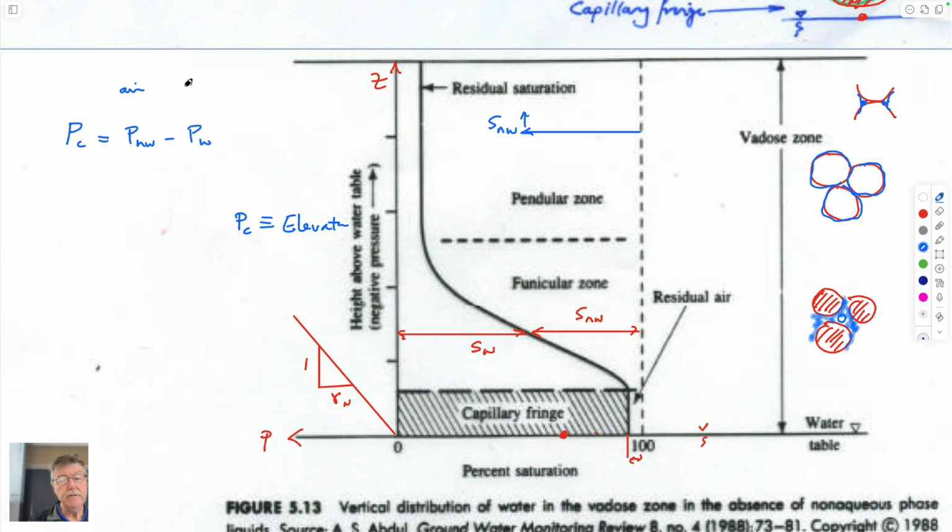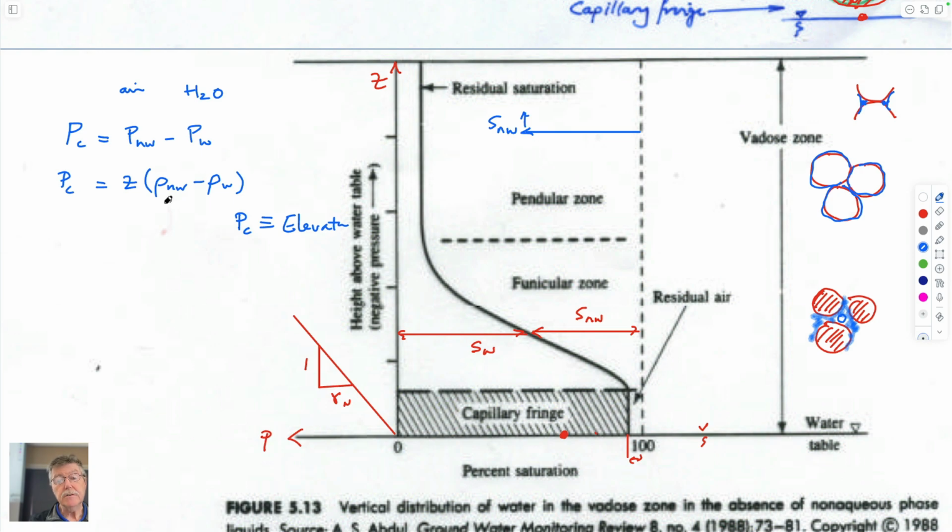This is air, this is H2O. And we can merely write those as equal to the height multiplied through by the density of the non-wetting fluid minus the density of the wetting. Non-wetting fluid is essentially 0.